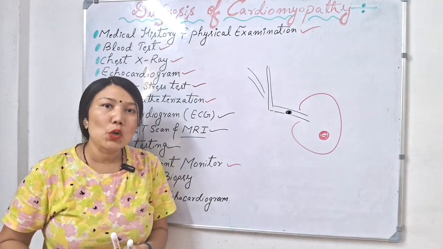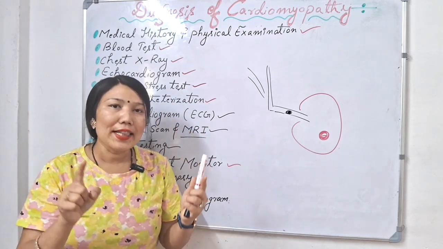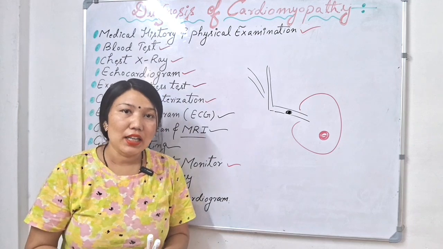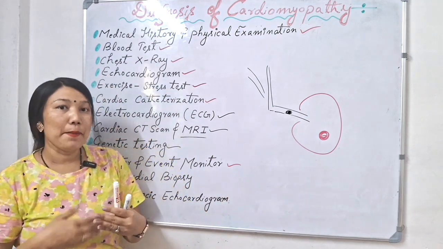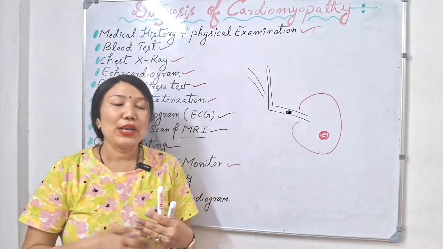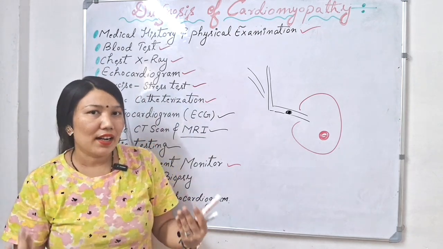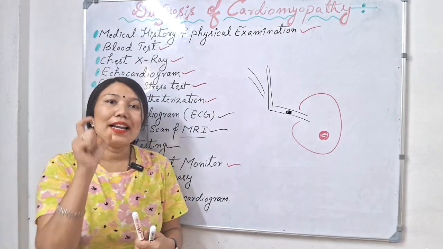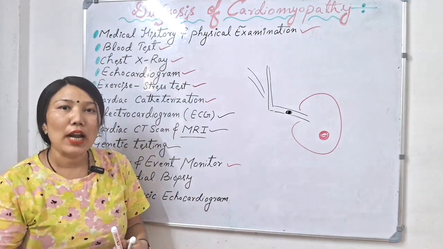It is an ambulatory non-invasive machine attached to the patient's body, and it will record all the electrical activity of the heart over 24 hours. And if any major event happens in the heart, like atrial fibrillation or ventricular tachycardia or any other condition, then it will record that major event. So it is an ECG for 24 hours.